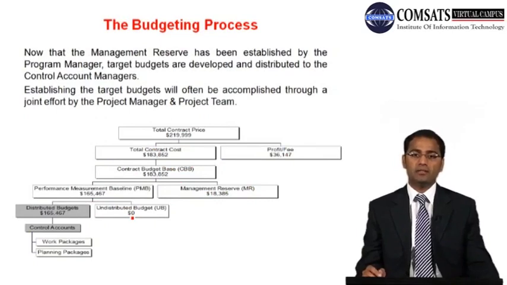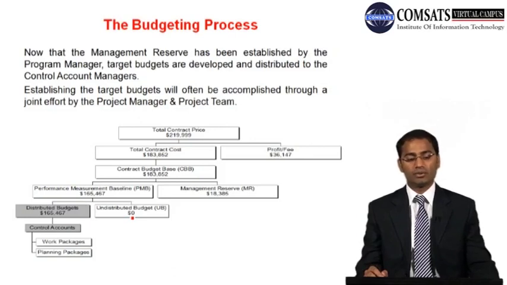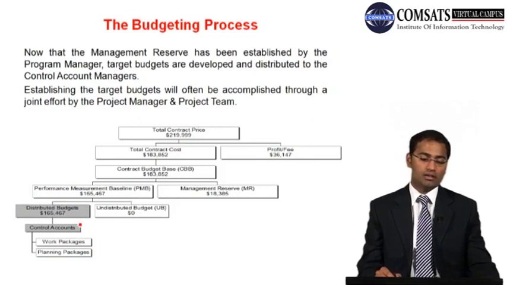Now that the management reserve has been established by the program manager, target budgets are developed and distributed to the control account managers. Establishing the target budget will often be accomplished through a joint effort by the project manager and project team.